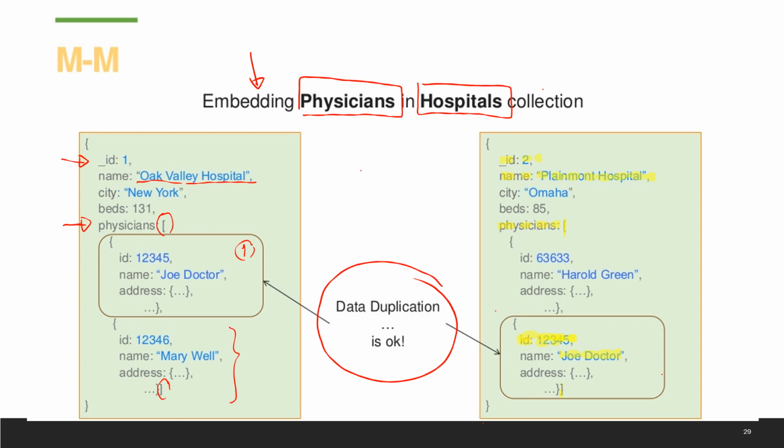But in NoSQL, in the document model concept, of course, the duplication, or so-called data redundancy, sometimes may not be a big issue. It really depends, okay? We will need to consider whether redundancy is a big problem or not.